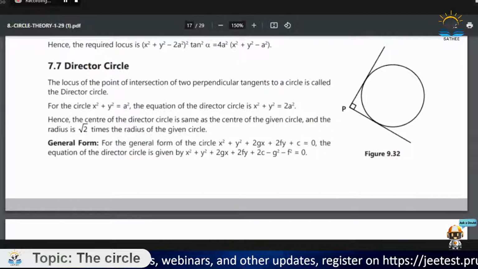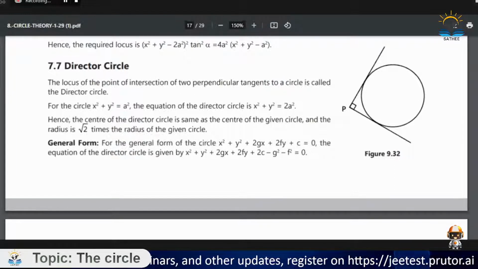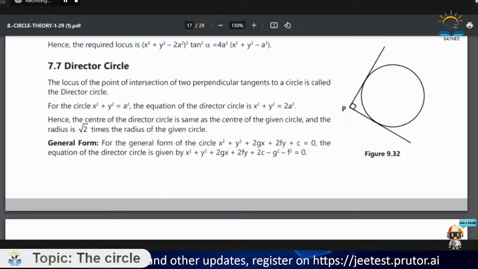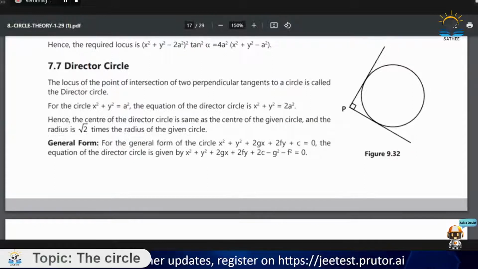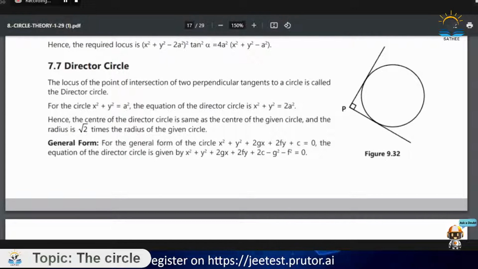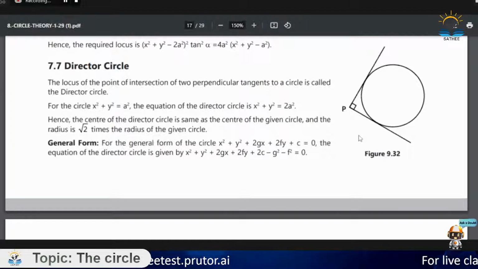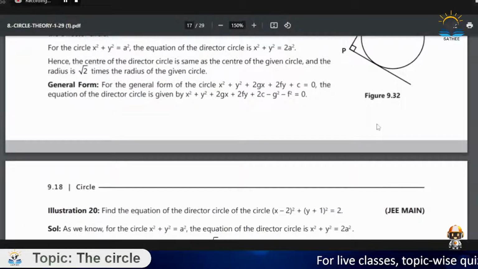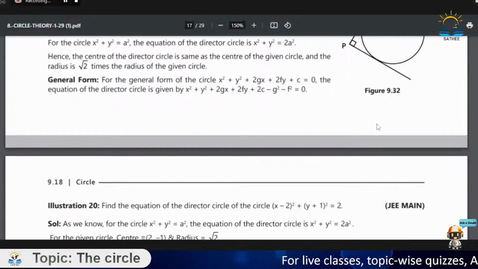And what is the definition of the director circle? The director circle is the locus of the points from where the pair of tangents make a 90-degree angle with each other.